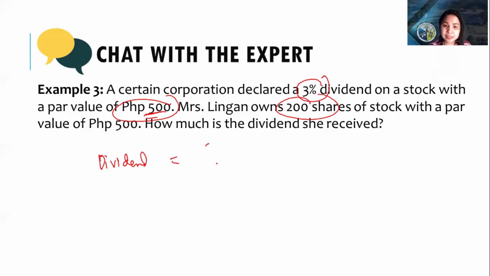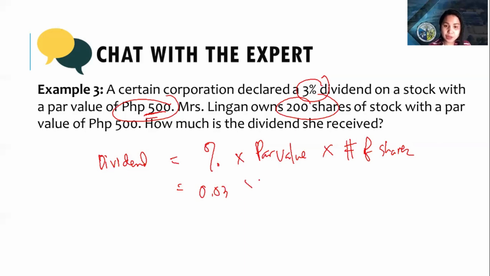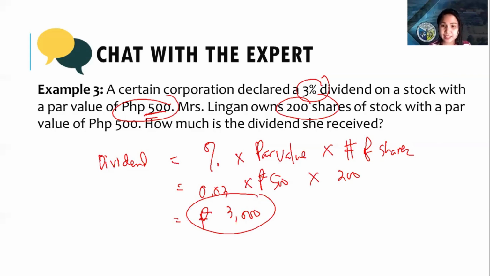That's going to be the dividend percentage, you multiply by the par value, you multiply by the number of shares. So for this problem, that's 3%, 0.03, multiplied by the 500 par value times 200 shares. So Mrs. Lingan will receive 3,000 as her dividend.